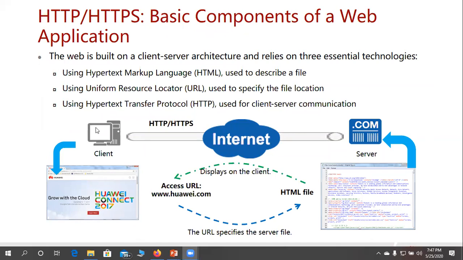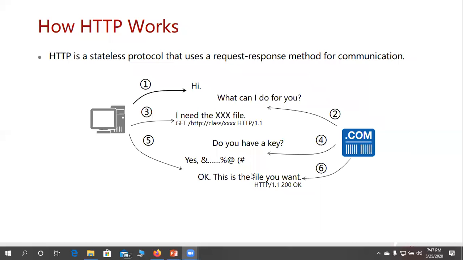Okay, how about web applications? With web, we have 3 technologies that are involved: HTML, which is used to describe a file, the uniform resource locator, which is used to specify the file location, and then, of course, HTTP, which is used for client-server communication.